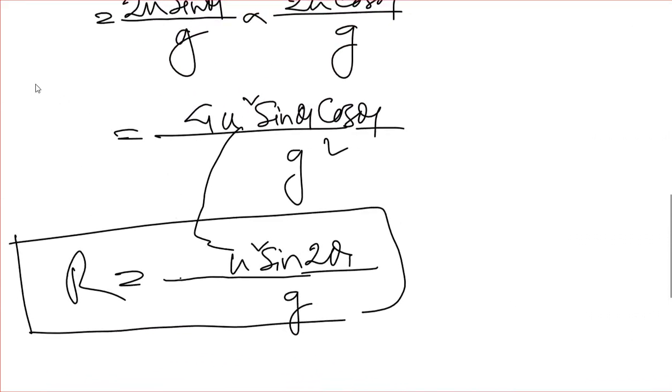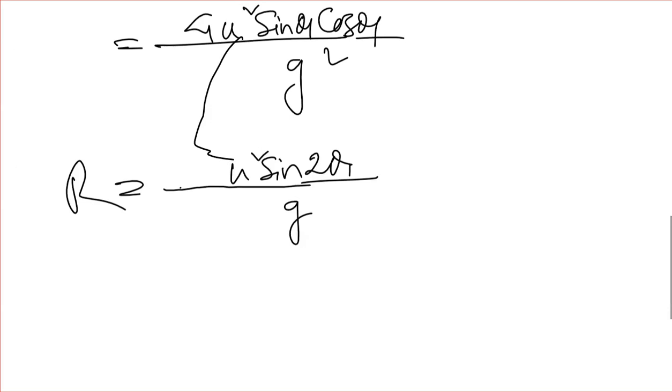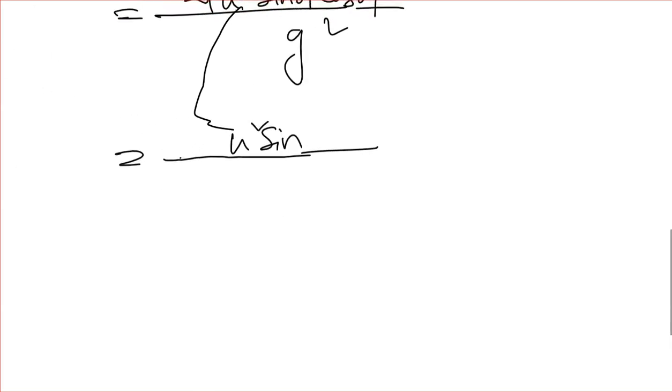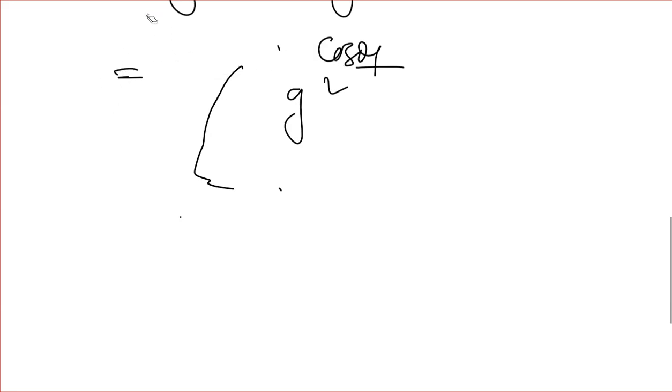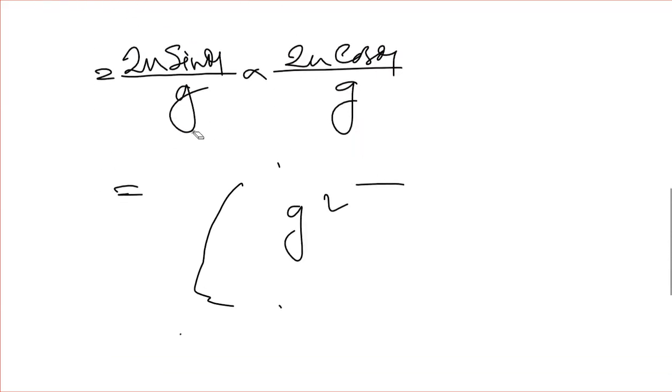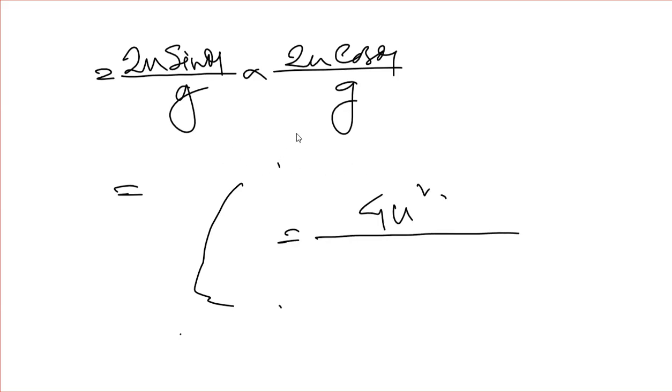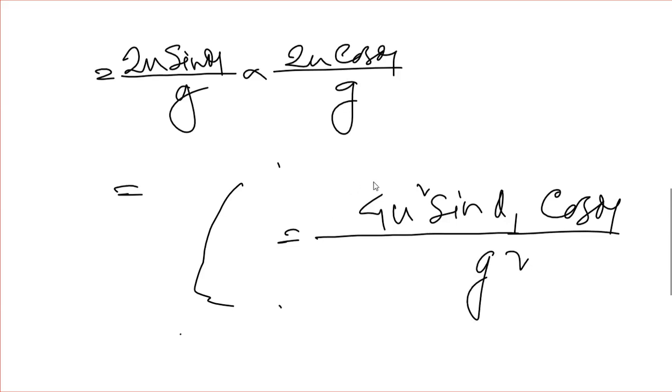So it will be like 4u square sin theta 1 cos theta 1 divided by g square.